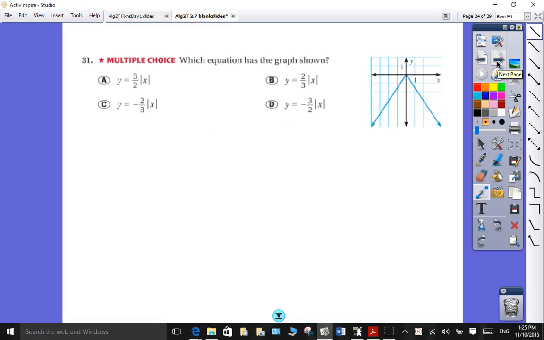Multiple choice. Which one of these is that graph? Which two can you throw out right away? Well, it opens down, so it has to have a negative in front, right? So A and B are out of there.